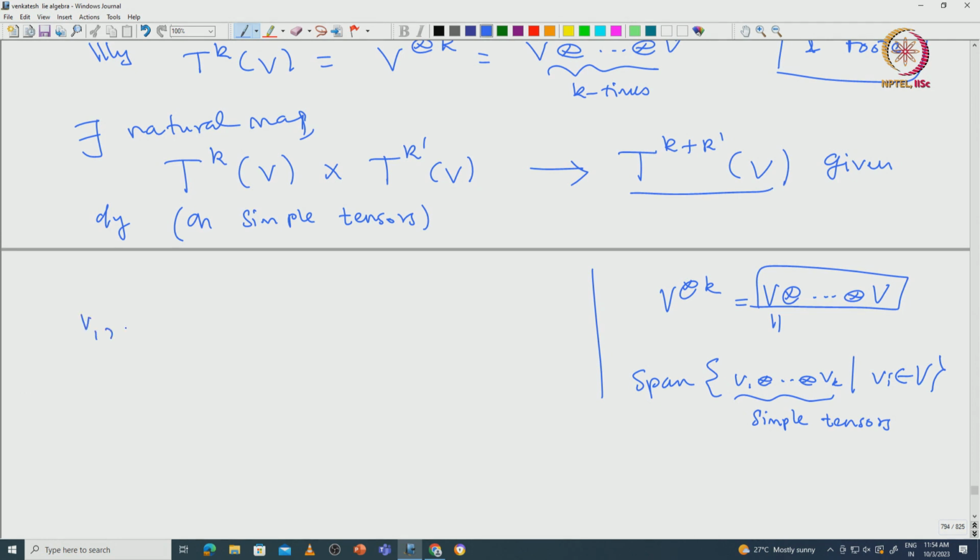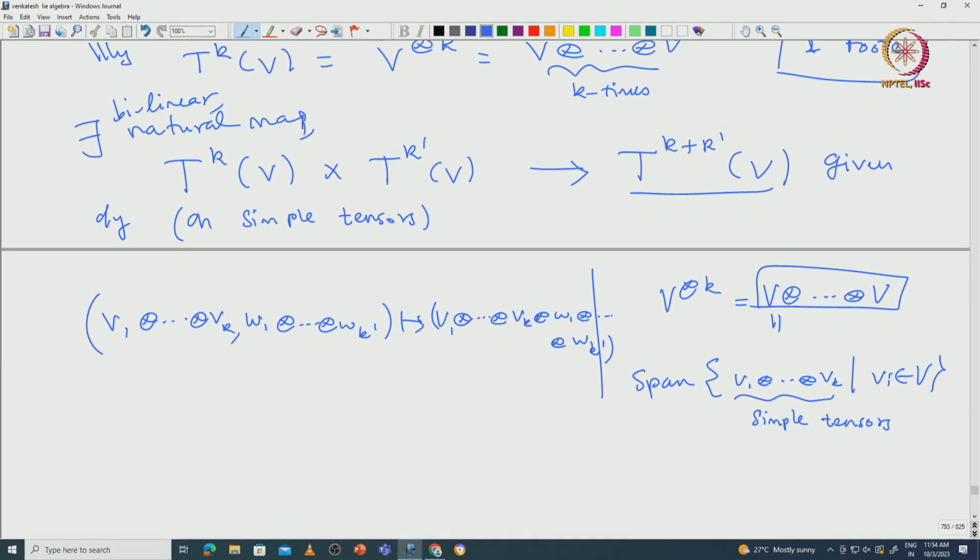It is given on simple tensors: you take V1 tensor etc. tensor Vk, and W1 tensor etc. tensor Wk', and this pair is mapped to the juxtaposition, V1 tensor etc. Vk tensor W1 tensor etc. Wk'. This is a bilinear map, that means bilinear in each variable.